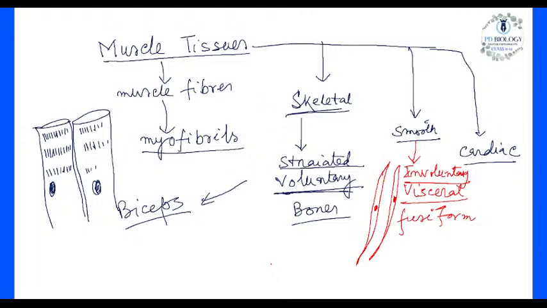Cell junctions hold them together, and they are bundled together in a connective tissue sheath. They are seen in the wall of the viscera, means they are present in the internal organs, such as the blood vessels. You remember where they are present on the basis of their properties. That will help you.